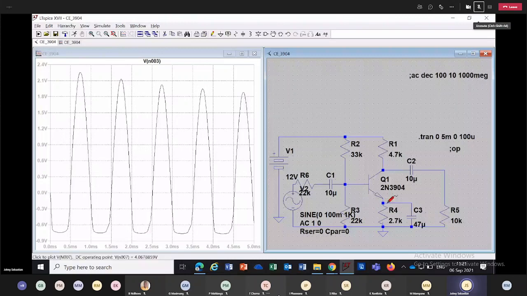That is why, looking at this, positive is perfectly fine. Going negative from 0, it is swinging up to around negative 0.7. That's all it can go. Amplifier enters into saturation.